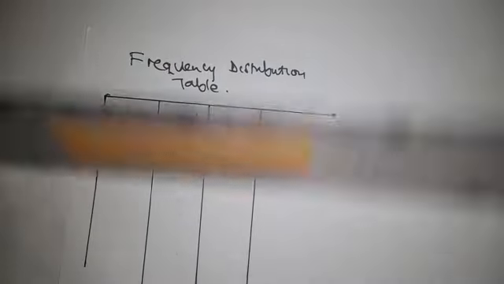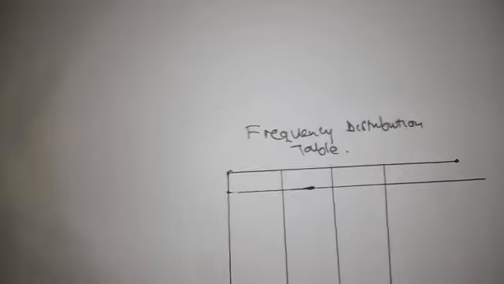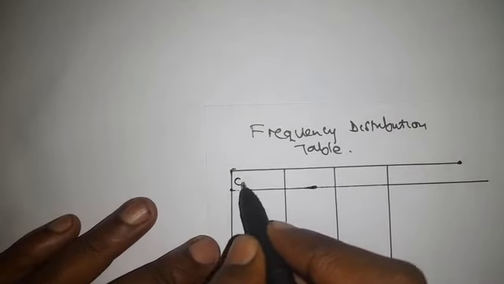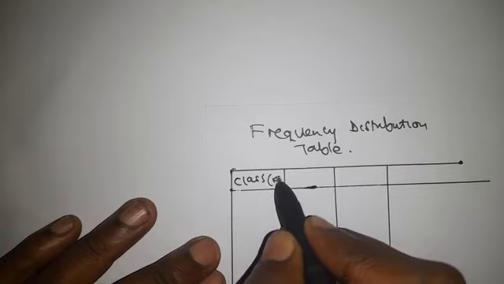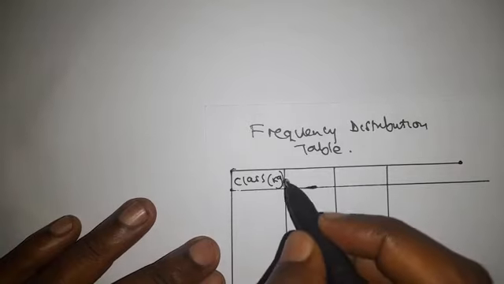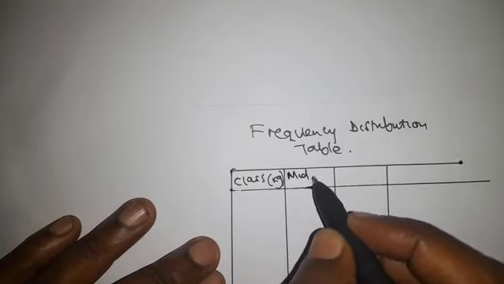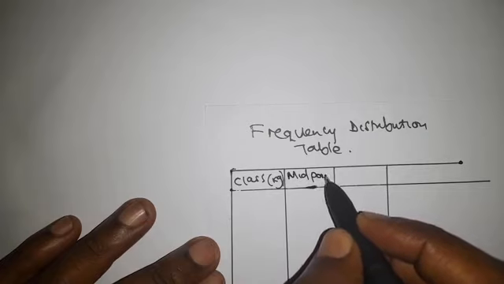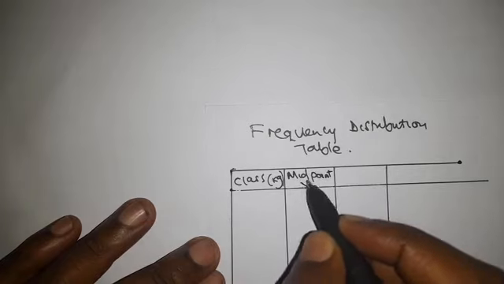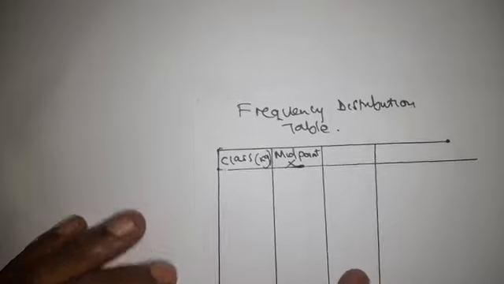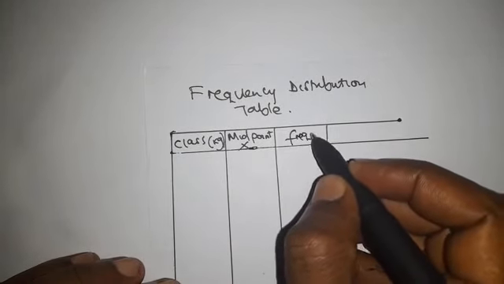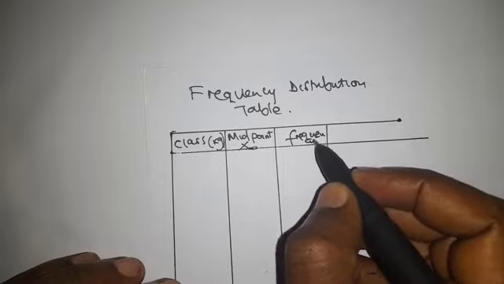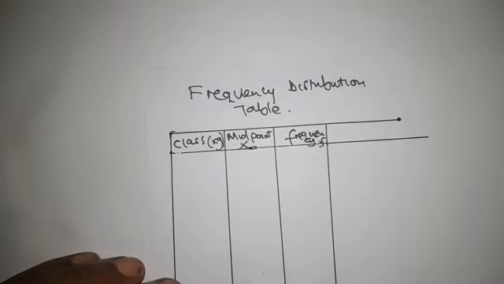First, we shall start with our class, and these are the classes, the masses in kg. Then we shall compute what we refer to as the midpoint, and this one we can call x. Then we shall have the respective frequency, f.